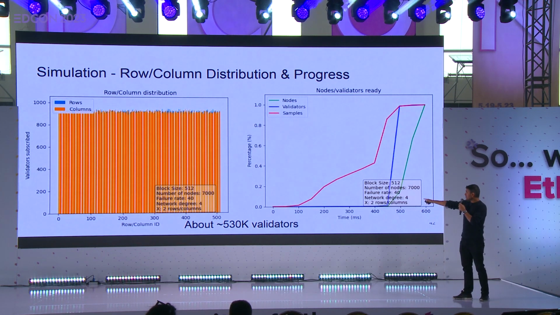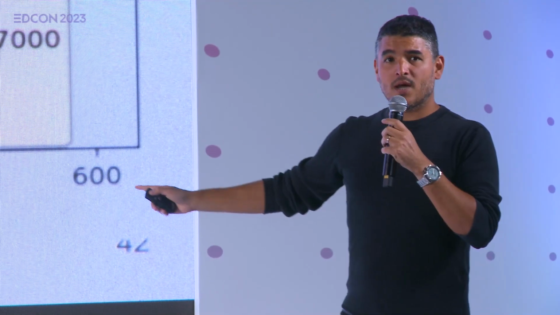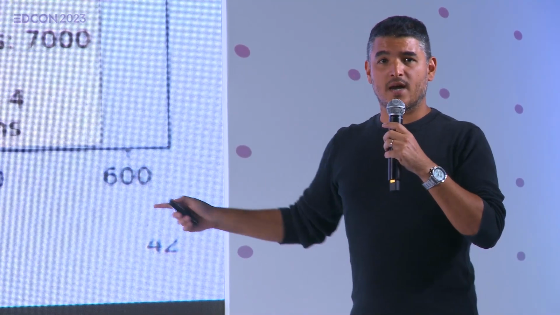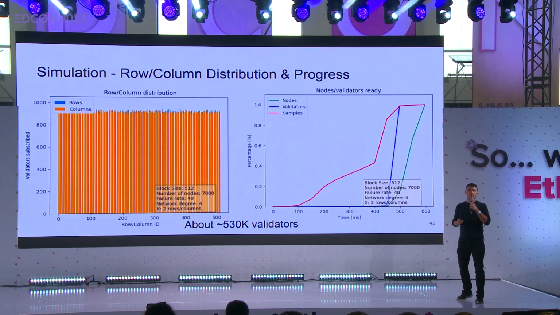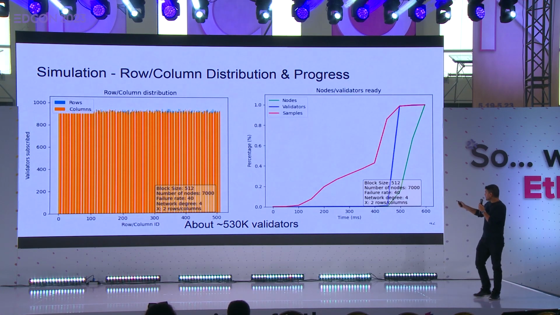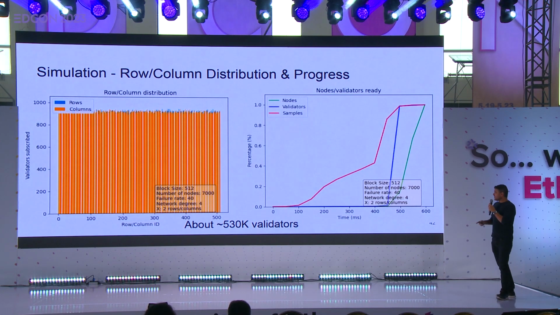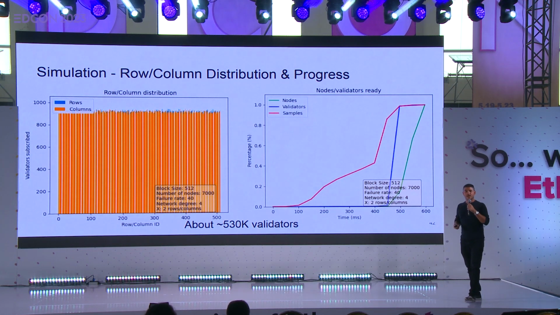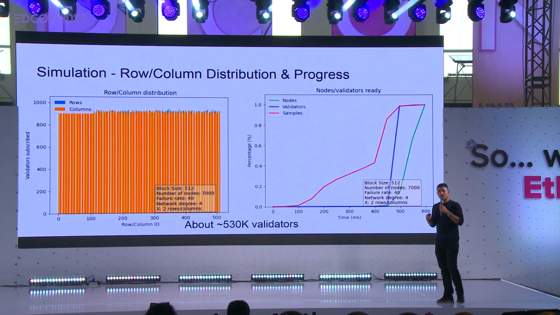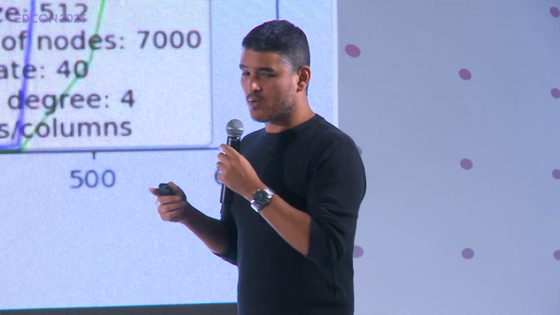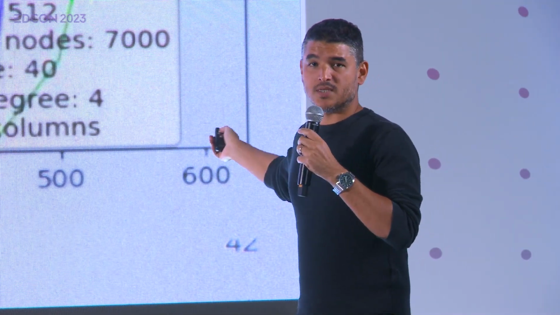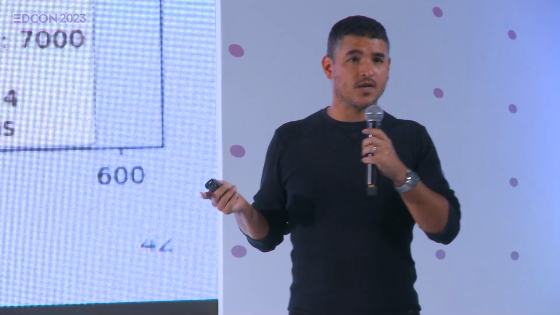It goes from 0 to 100%. The blue line is the number of validators that have received all the samples that they have to receive. And please notice there is a big spike. And then the green line is the number of nodes that have received all the samples that they have to receive. Now you might be wondering why the blue line is not the same as the green line, because validators are in nodes.